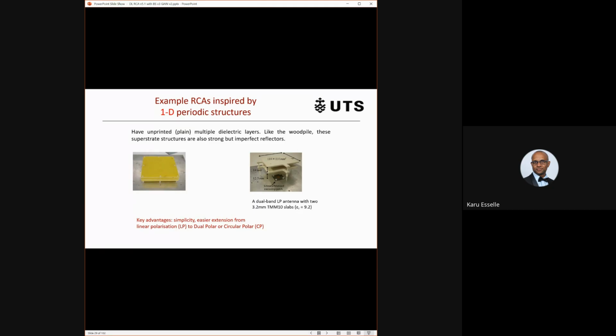And then you feed it with the dual band patch or any other dual band antenna. One example is a dual band microstrip patch antenna. That's what we did here. So I can explain how you design these things later.